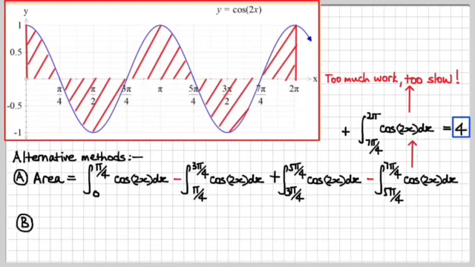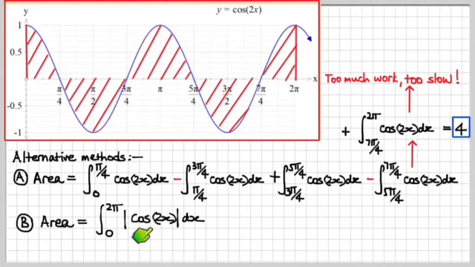Now, part B for you and me is, if you do it this way, this is the most beautiful way of all. If you had a CAS calculator, this means that you're just doing the absolute value of this function. Now, I know that absolute value is off the course, but it's jolly useful. So it simply means we're only taking positive values of y.